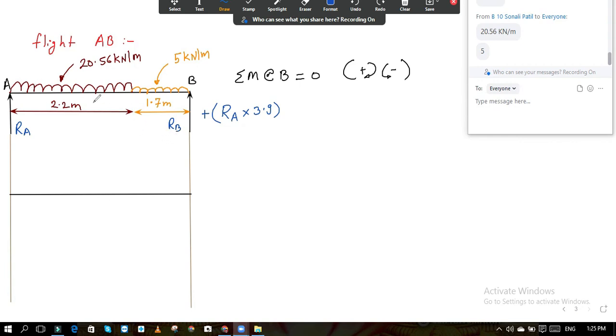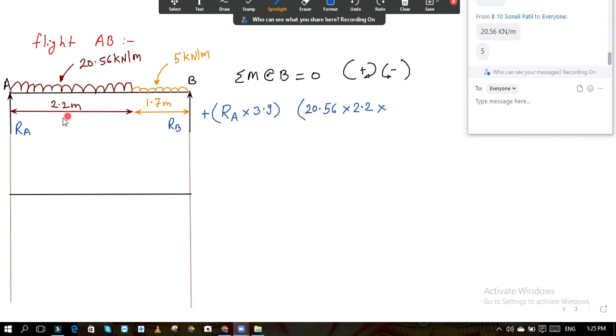Then this UDL: first of all convert this UDL into the point load. Area of rectangle is 20.56 into 2.2. This is the conversion of UDL into the point load. This converted force will act at the center of this UDL.